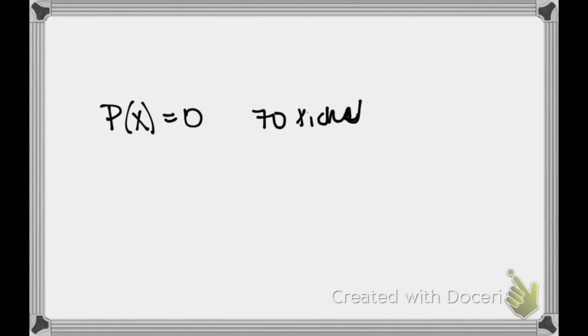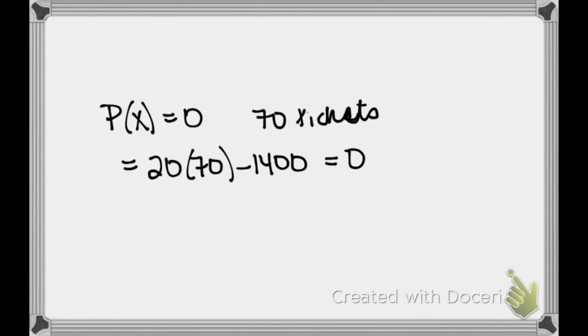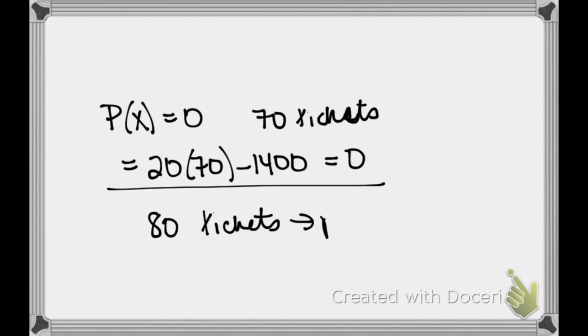And you can see if I just plug in 20 times 70 minus 1400, I'll get a 0 profit. So you can see above that, if I sell 80 tickets, then I'll definitely have a profit. And basically, if I sell 60 tickets, then I'll have a loss.